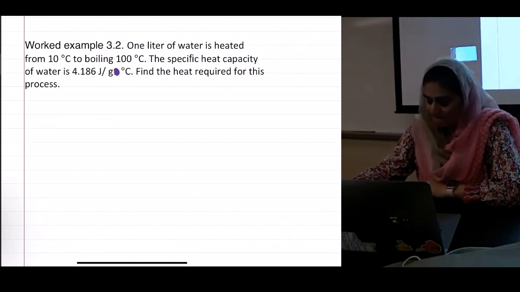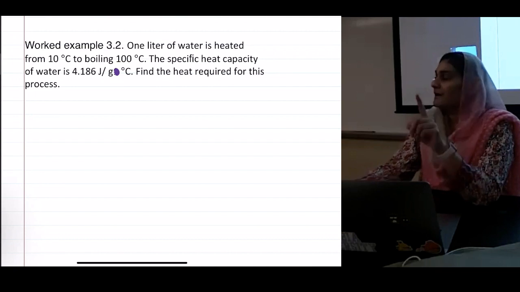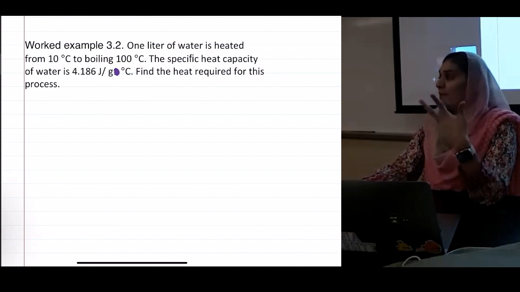Heated from 10 degrees Celsius to boiling 100 degrees Celsius. Specific heat capacity of water is 4.186 joules per gram Celsius. Find the heat required for this process. Okay, be very careful. Here's how I remember it.